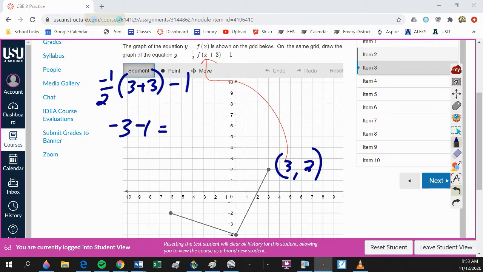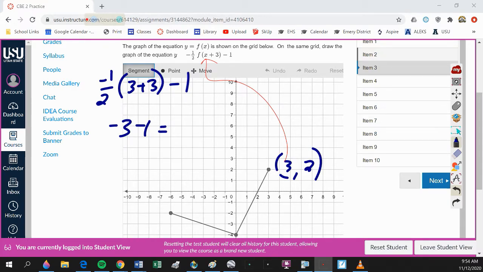What did I do wrong? I did something wrong. 3, 2. Plug in 3. 3 plus 3 is 6. Because we ended up right here, didn't we?